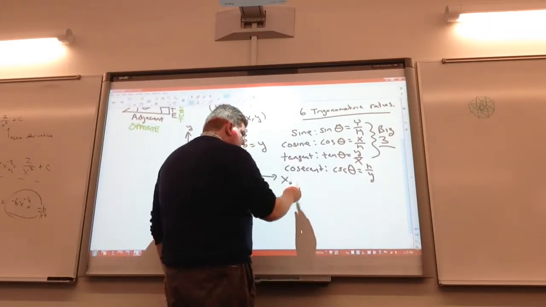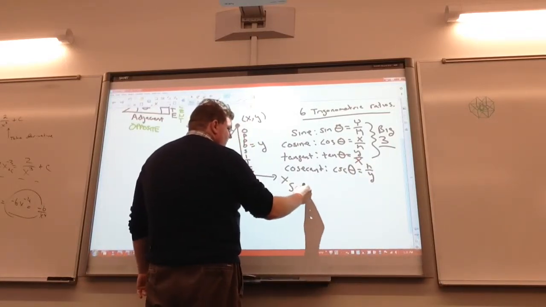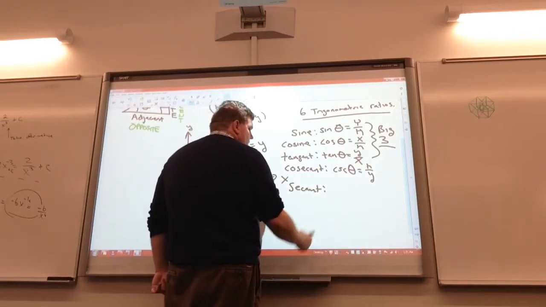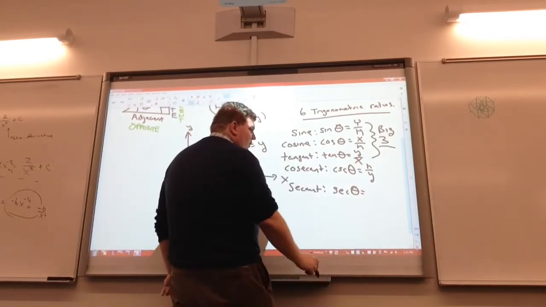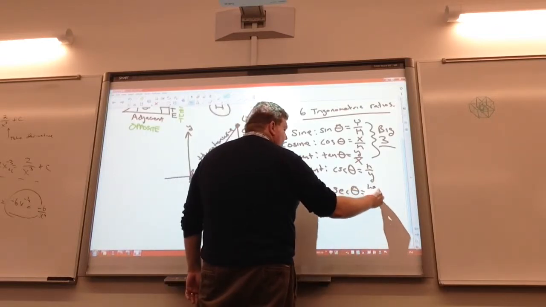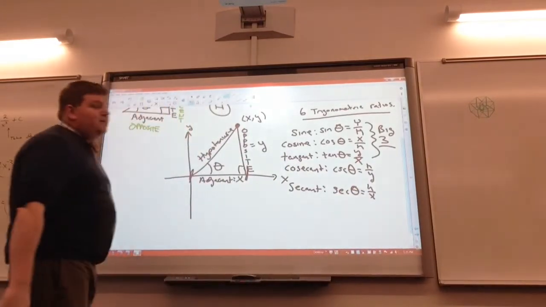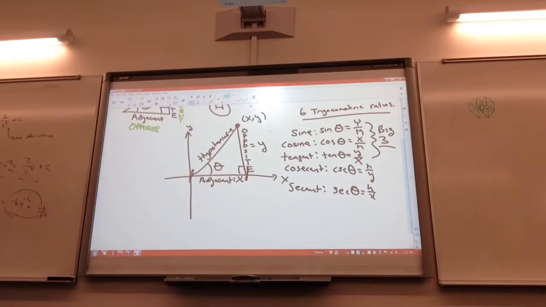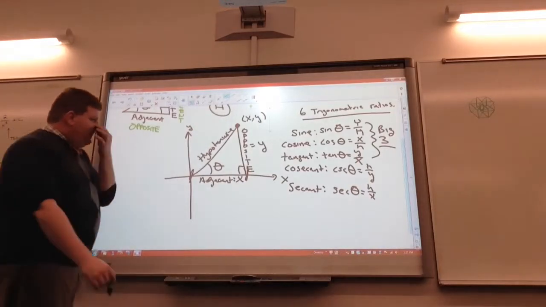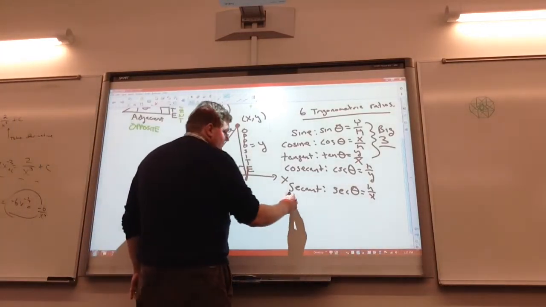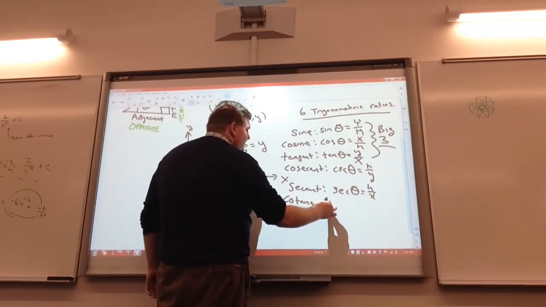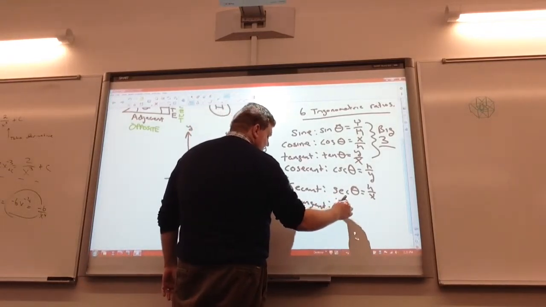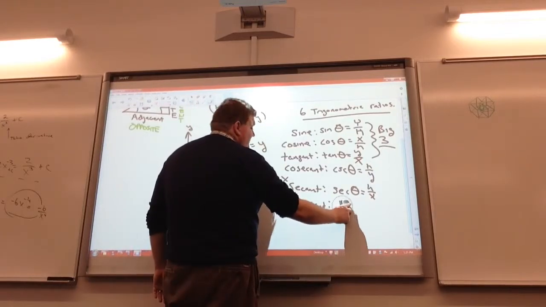The next one's the secant, abbreviated SEC, great football. And that one's the flip of the cosine, so it's h over x. And the last one is the cotangent. What do you think the cotangent is? The flip of the tangent? Yes, x over y.